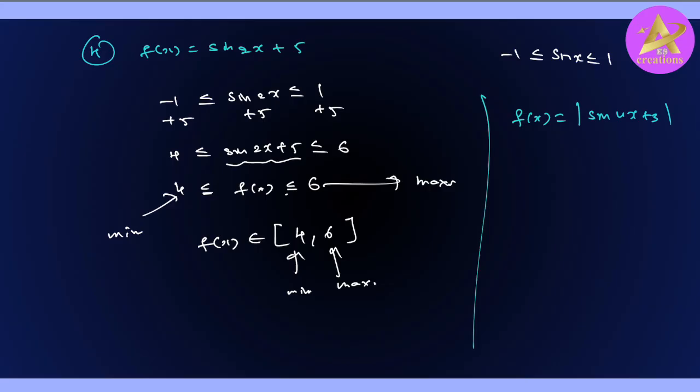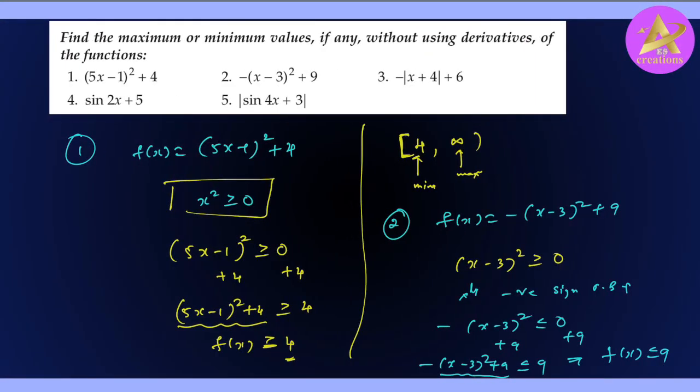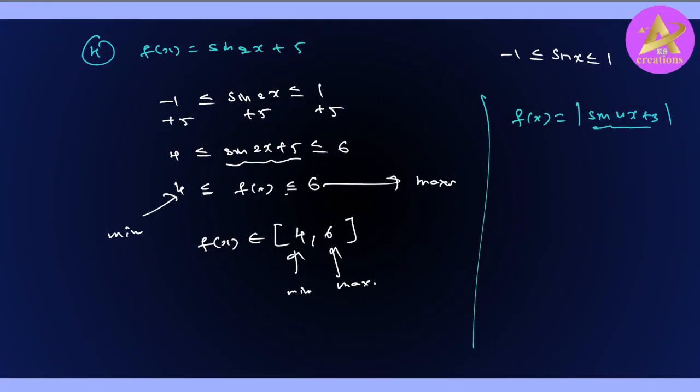Whatever is given inside the mod, the method is the same. First we have to find the inside one. Sine 4x always lies between -1 and 1, and additionally we have to add plus 3. We get -1 plus 3 is 2, less than or equal to sine 4x plus 3, less than or equal to 1 plus 3 is 4.